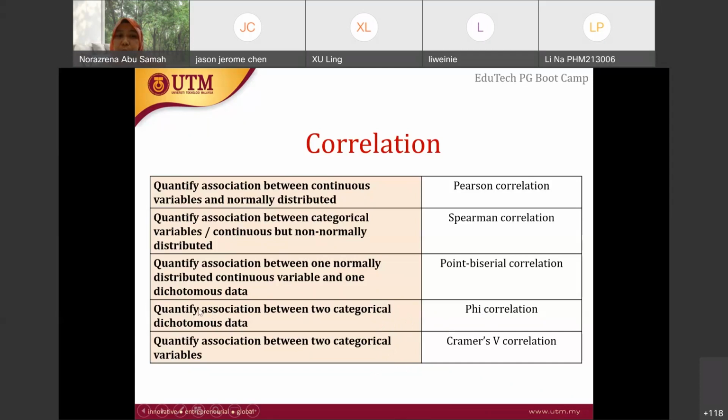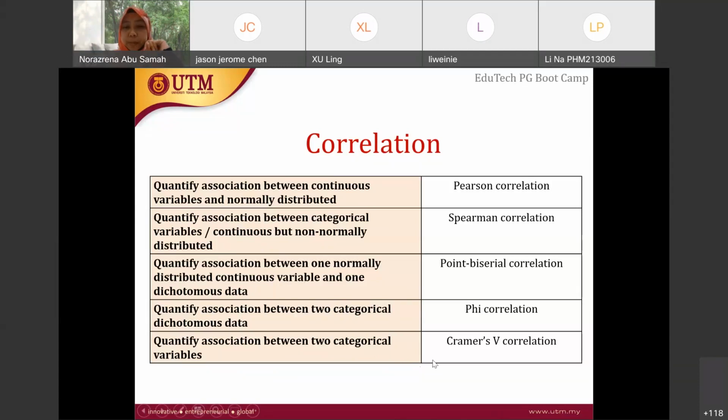If you are finding the correlation between two categorical dichotomous data, for example 2 by 2, the first variable is yes, no, and then the second one, male, female. So 2 by 2, you can use phi.